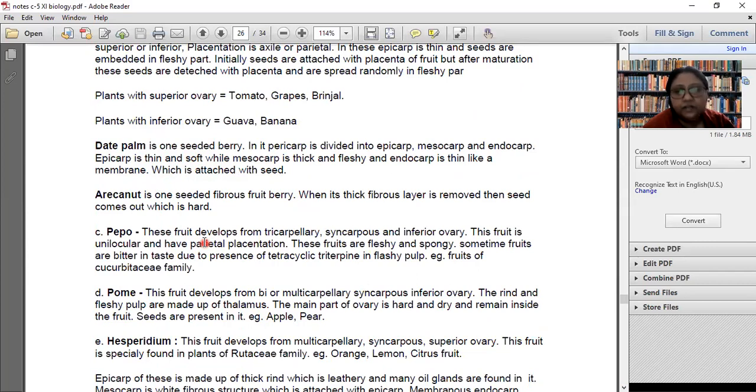For example, in the case of cucumber, it's a type of pepo fruit where parietal placentation is there. The whole placenta structure is converted into fruit.